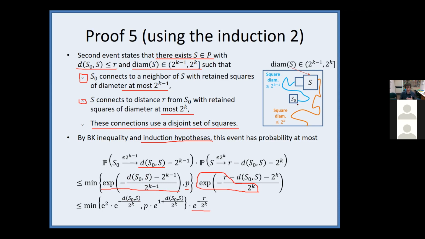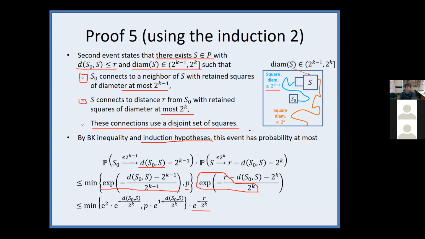And this is very intuitive. The further I need to go using only squares of diameter 2 to the k minus 1, the better, because it's harder to go far with such small squares. So I will get a better bound if I need to go very far. And this is why this bound depends on this distance in a way which is beneficial to us.